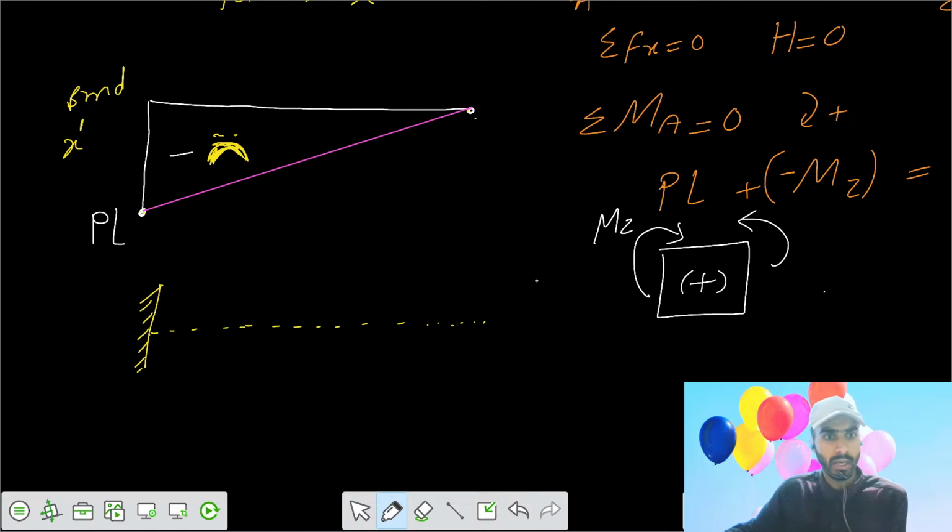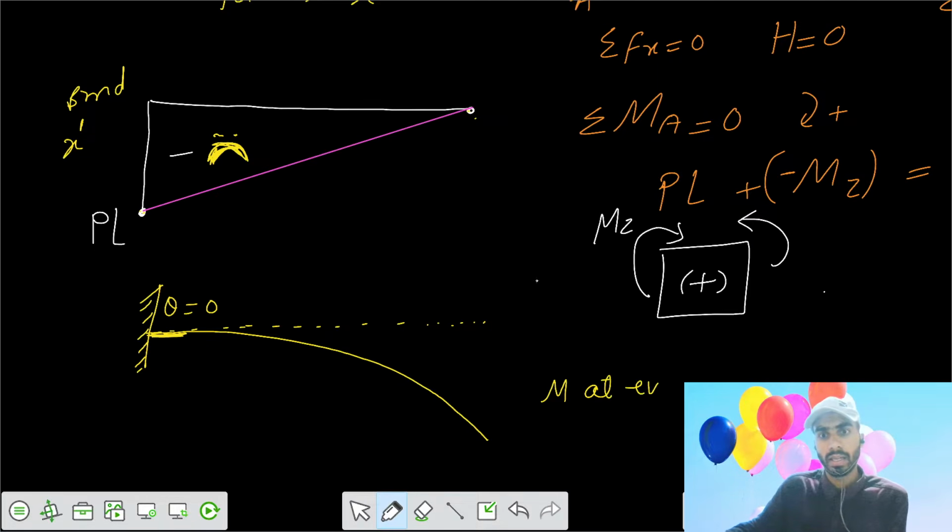For the fixed point, theta should be equal to 0. Here the theta of the deflected shape should be 0. Then we have the curve this way. Since at every section there is a moment acting, we can have curvature, 1 by r.